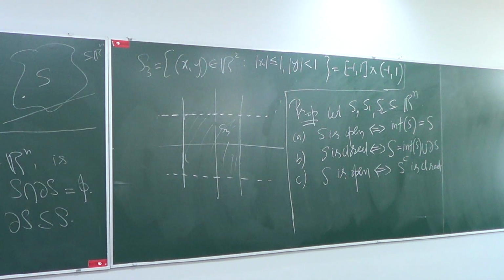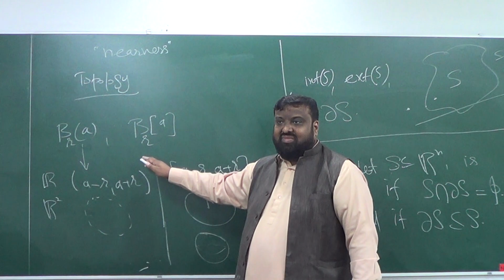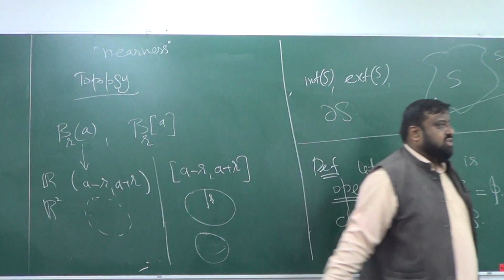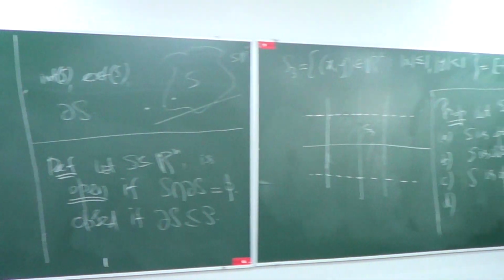If I take the complement of it, the complement is going to contain the boundary, and that boundary is going to be the boundary of this disk. So if a set is open, its complement must be closed, and if a set is closed, its complement must be open.